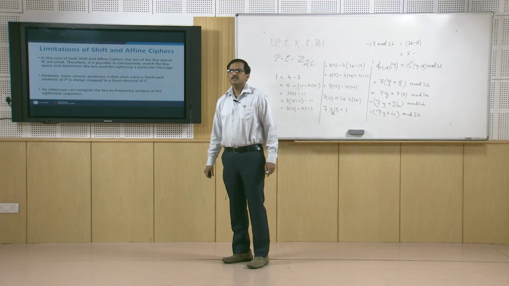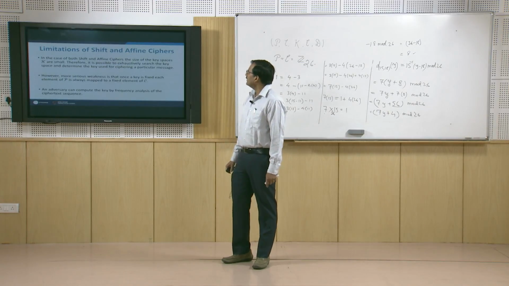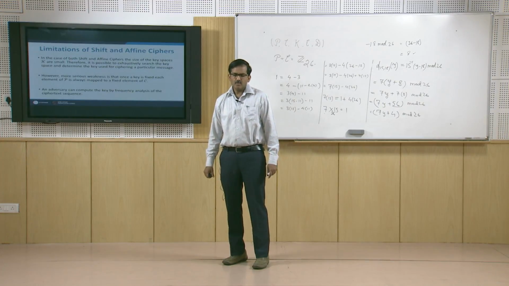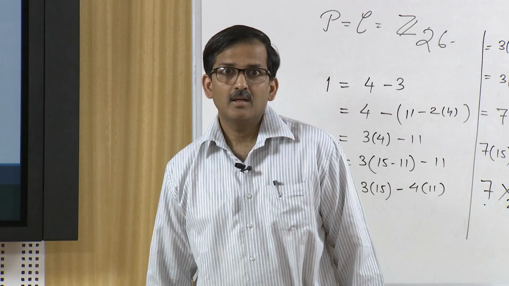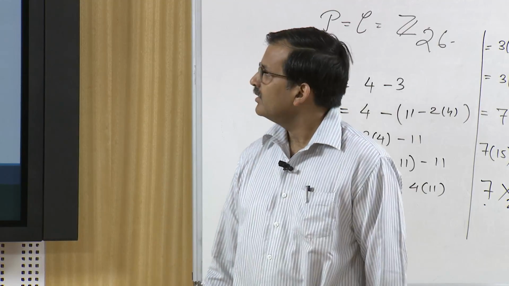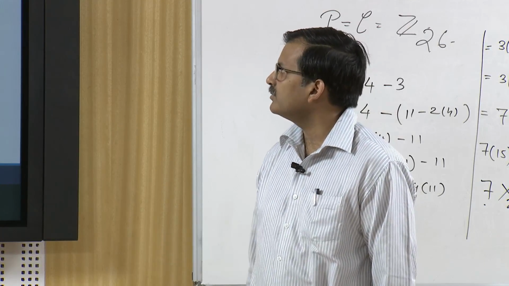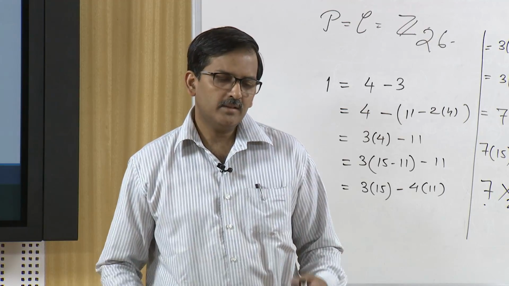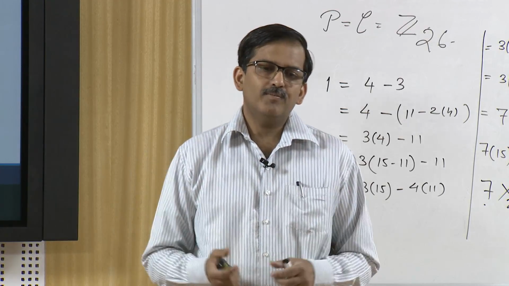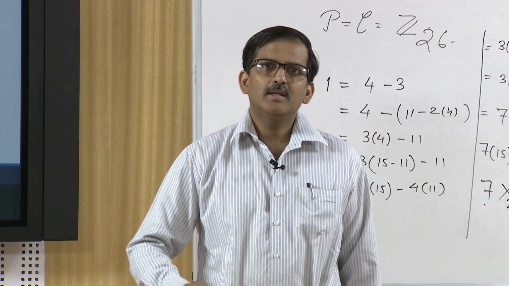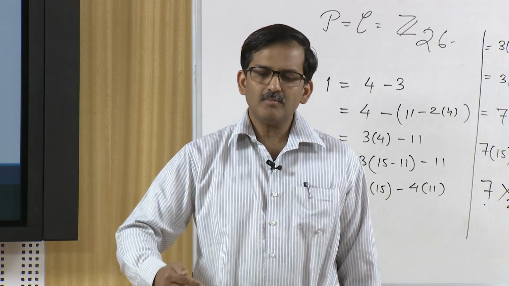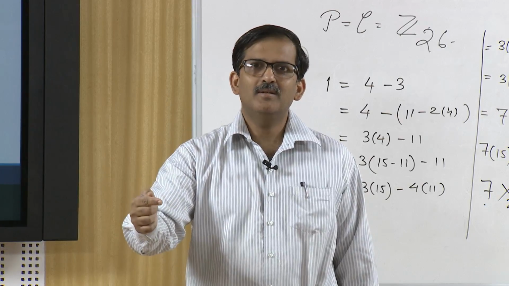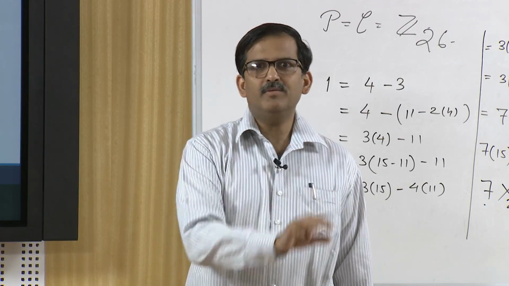There are limitations of shift and affine ciphers. The limitations of both these ciphers are, firstly, that the key space is small. Another limitation is that each letter gets transformed to a specific letter when the key is fixed.